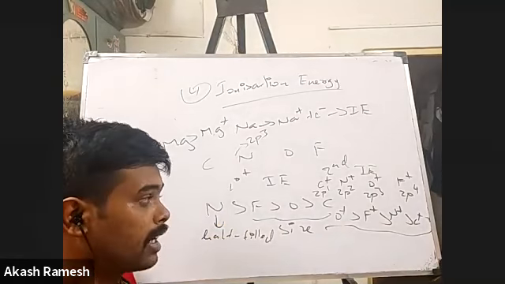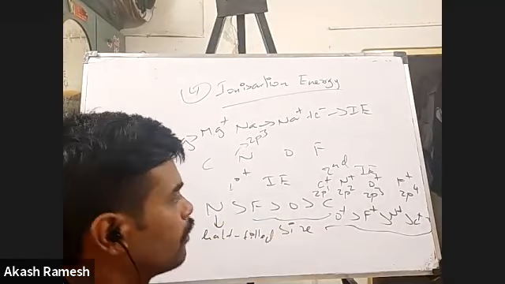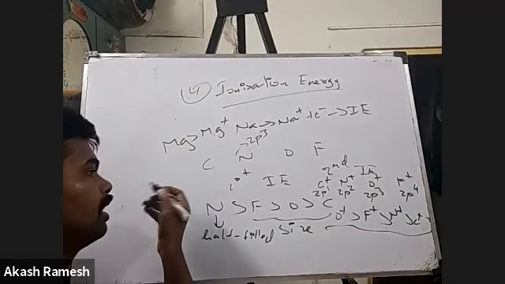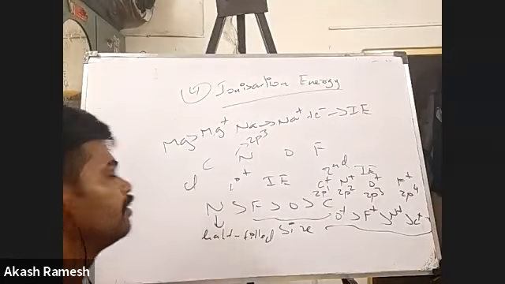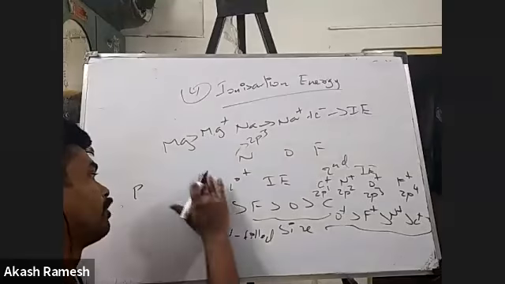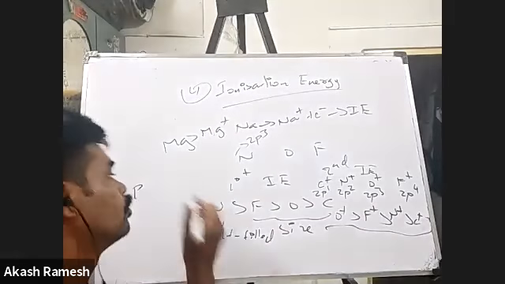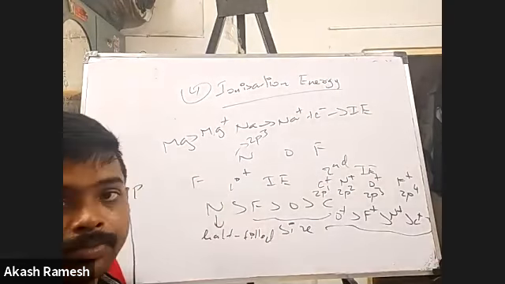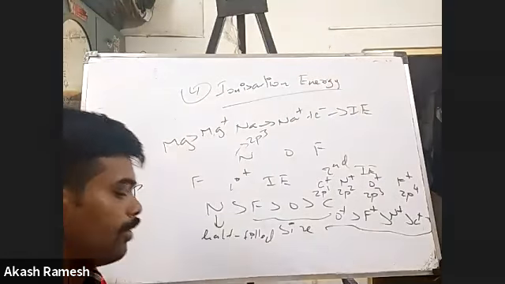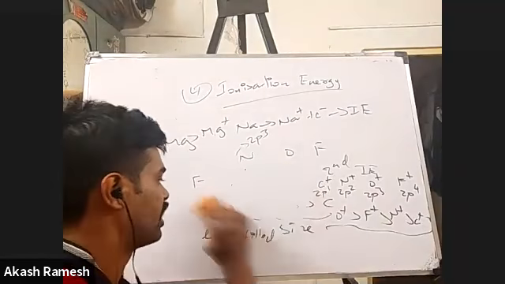Okay, but if it's like this, say for example, I have chlorine and phosphorus, not chlorine and phosphorus, I will put fluorine and phosphorus. Right, now I have fluorine and phosphorus. Now I have to understand which has higher ionization energy.